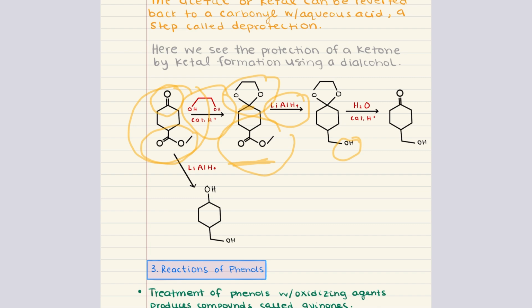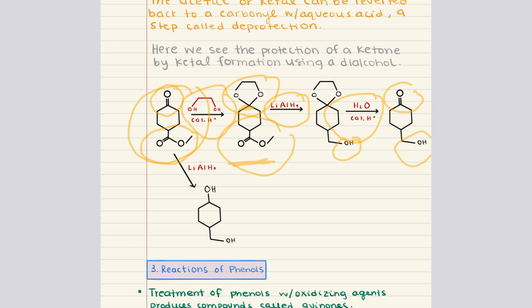Once the desired reduction is complete, we can then regenerate the ketone by removing the protecting group, and this is done by treating the compound with aqueous acid, which hydrolyzes the ketyl back into the original ketone functional group. The reaction essentially reverses that initial protection step, and it leaves us now with a ketone and an alcohol as the final functional groups in this molecule.